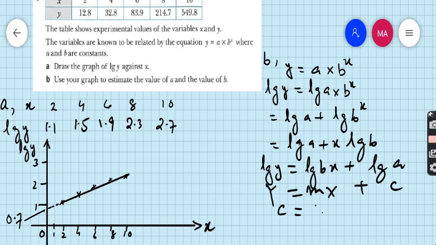So c is 0.7. But if you get 0.8 or 0.88, you will still get full marks. This c represents, from comparison, log a, which equals 0.7.